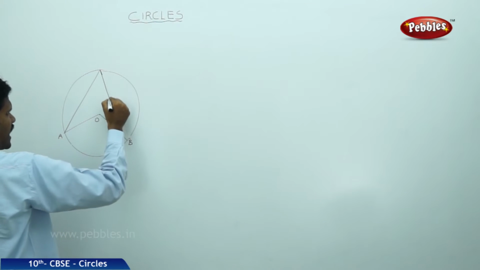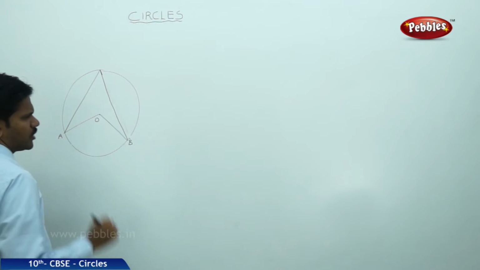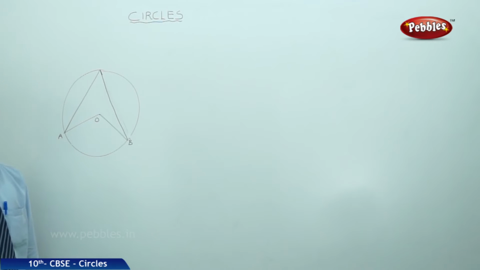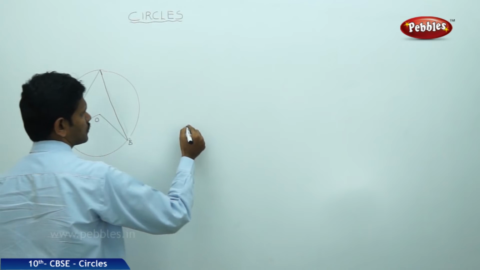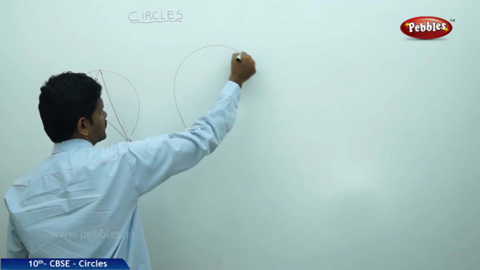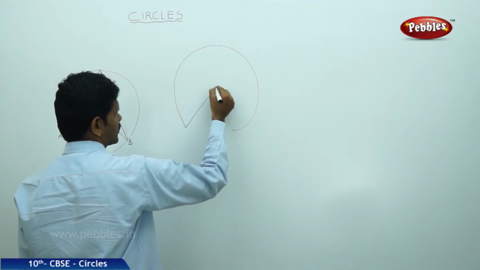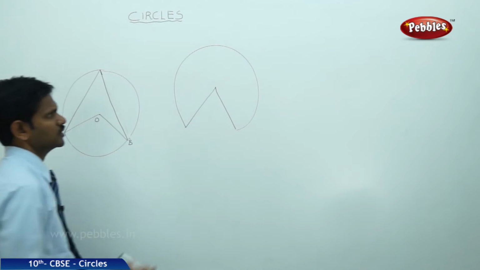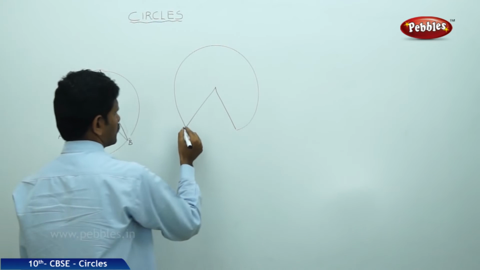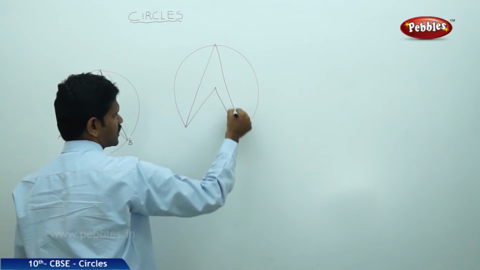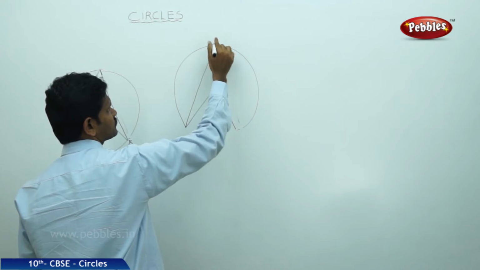Now, the angle subtended by an arc at the center is double the angle at the remaining part of the circle.